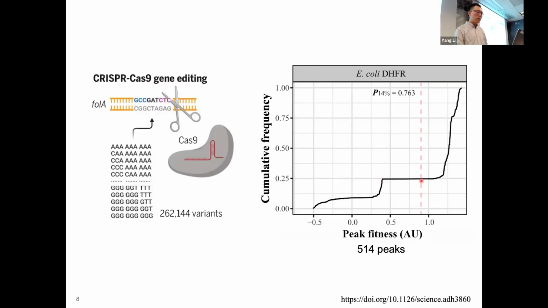When we set a cutoff based on the peak fitness, we could define the high peak and the low peak. We set the cutoff at the top 40% of peak fitness as high peaks. Reaching the high fitness peaks accounts for about 76%.